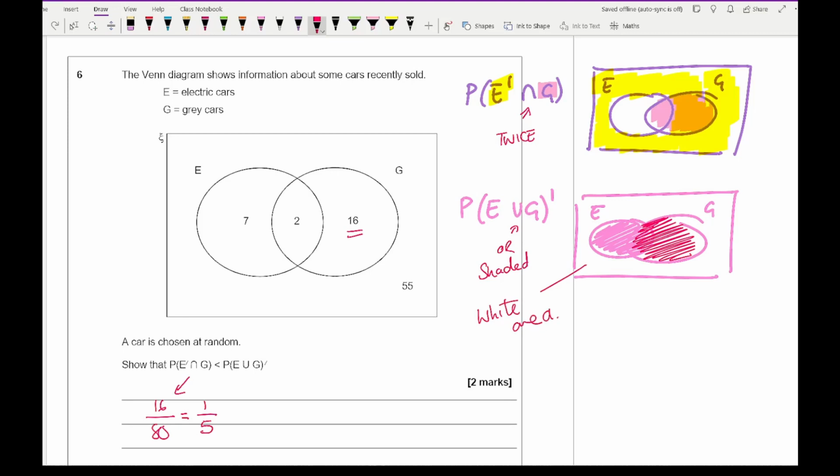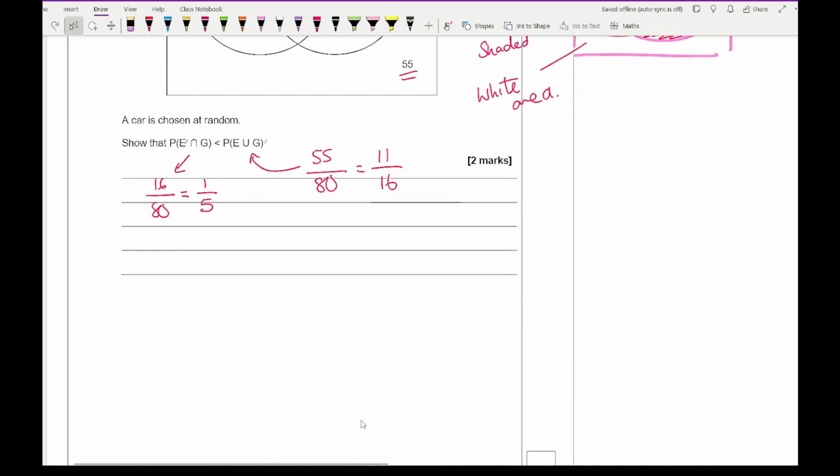If I go back to my original Venn diagram, the white area is 55, so that's going to be 55 over 80, which I can simplify dividing both numbers by 5 as 11 over 16. So therefore, as 1 over 5 is smaller than 11 over 16, the probability of not E and G is less than the probability of not (E or G).